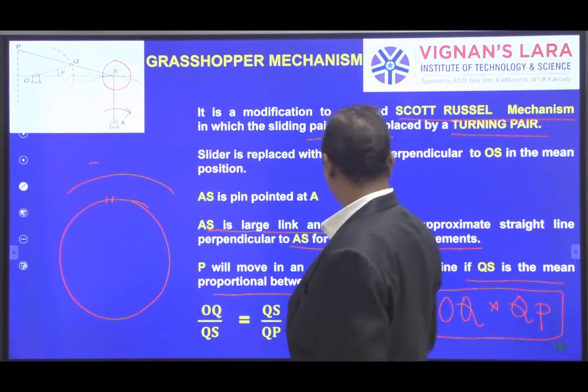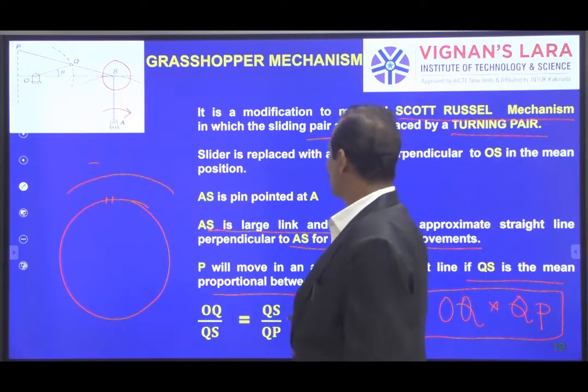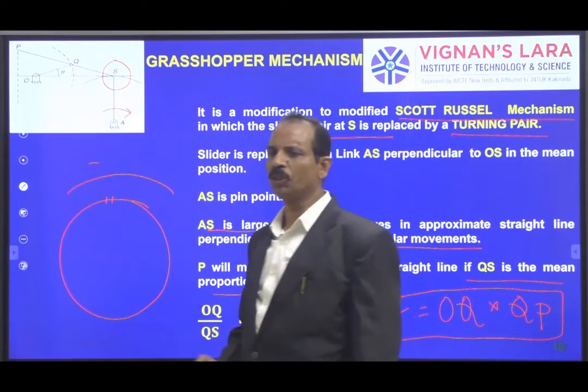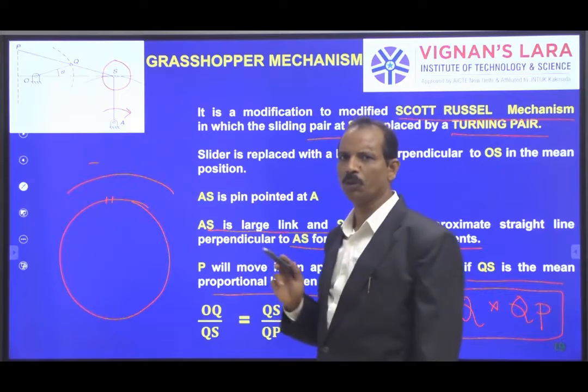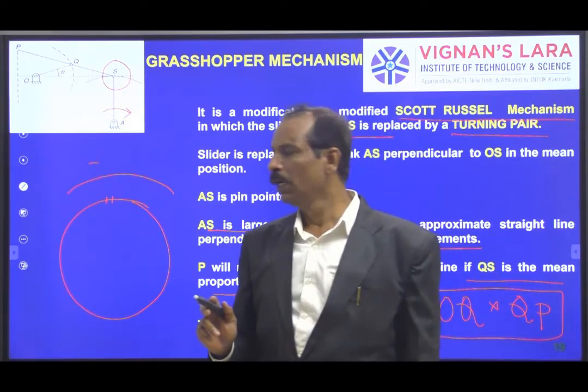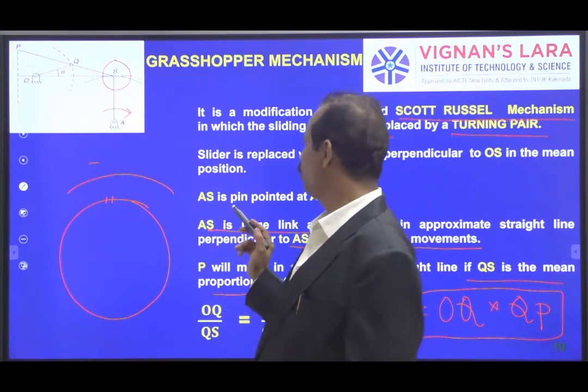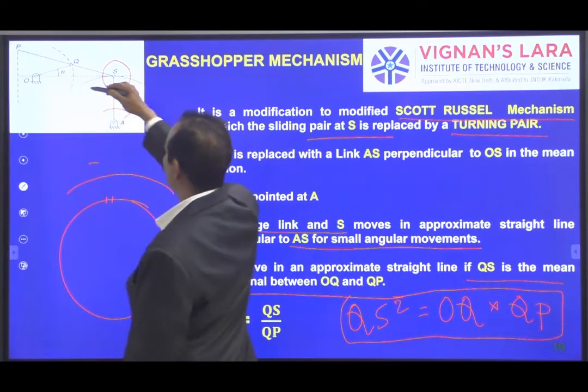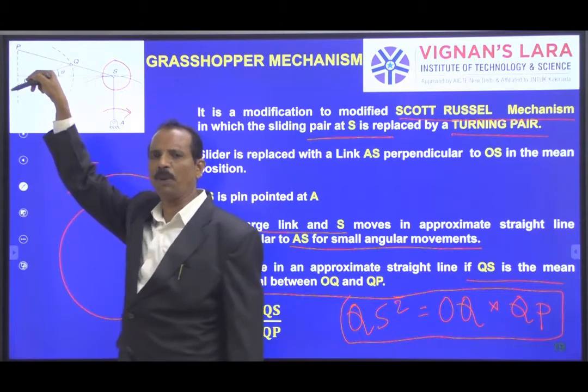So, if you are able to construct this mechanism such that OQ by QS is equal to QS by QP, then for small angular movements of AS, you get the output motion of P as a vertical path.